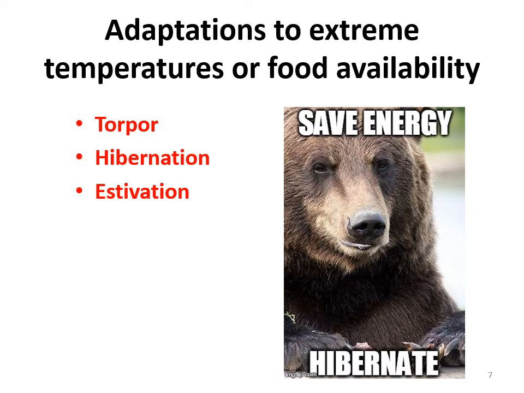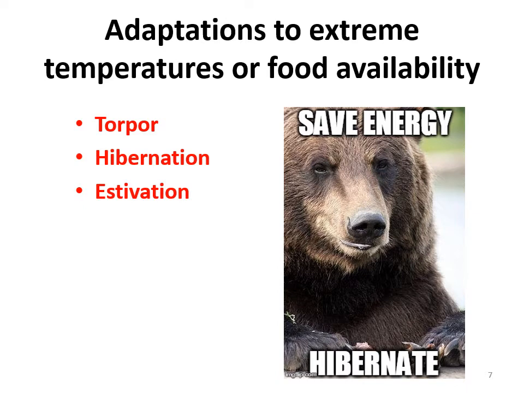And what's the example that you usually think of? Winter time. For organisms such as bears, right? They like to hibernate in the winter time when conditions are not so great, it's cold temperatures, and there's not much food available for them. Okay, so hibernation is torpor over a long period of time.